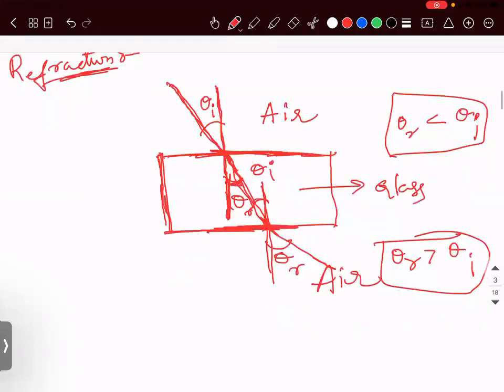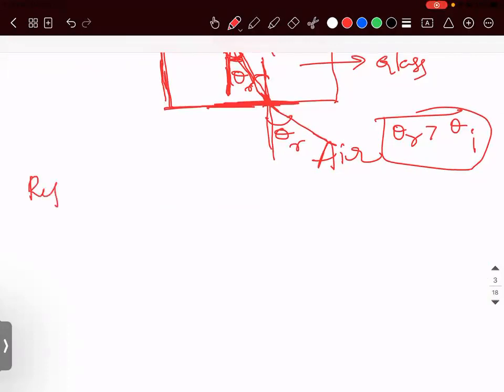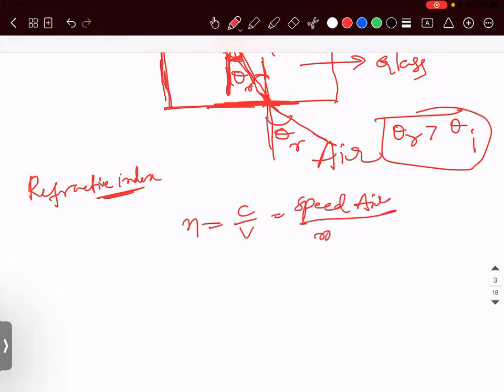The refractive index is defined as n equal to c by v, where c is the speed of light in air and v is the speed of light in that medium. So let's say it's given that n equal to 1.52.